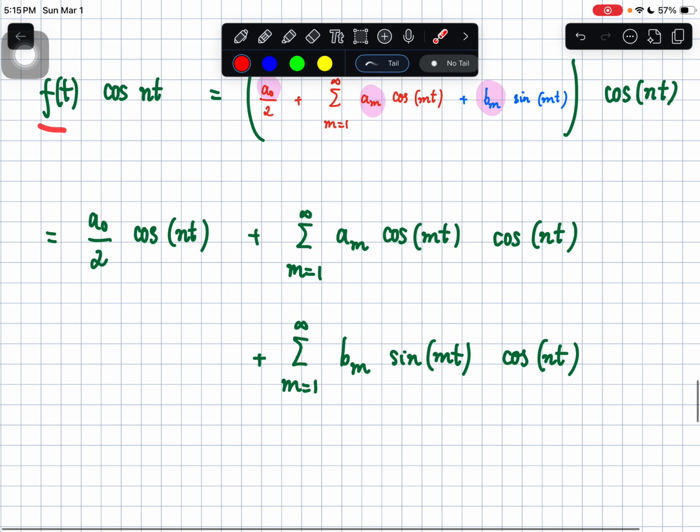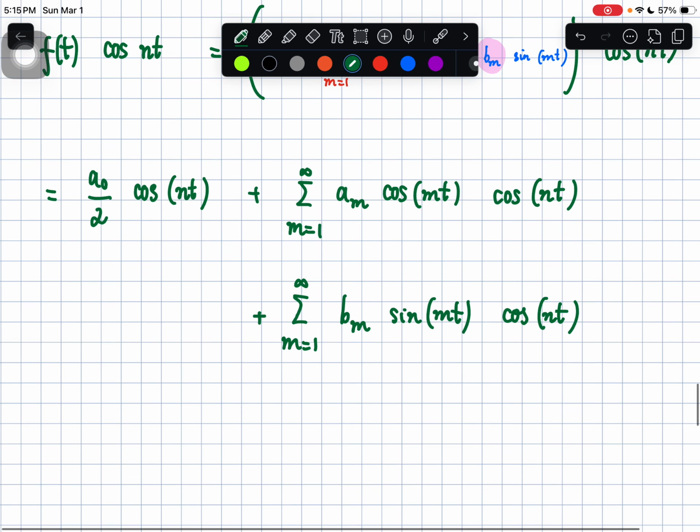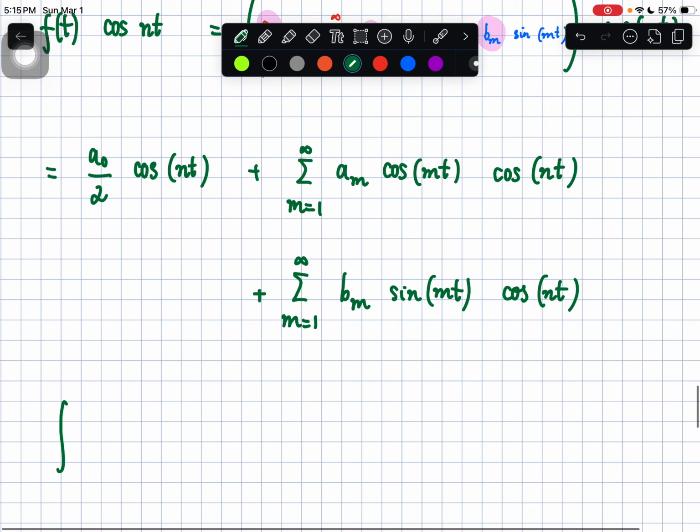Now we can integrate both sides. The integral from minus pi to pi of f(t) cosine nt dt.